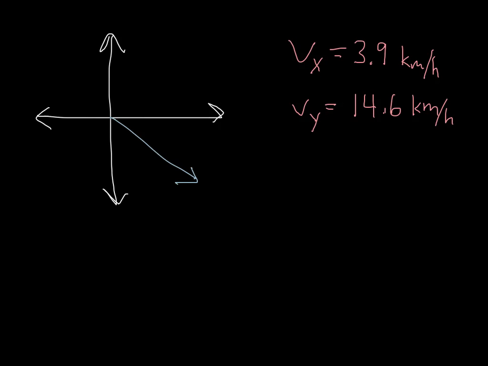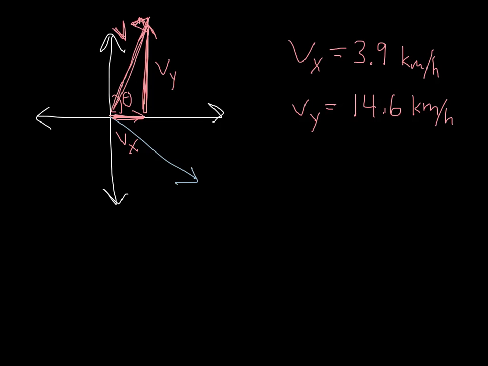So I can draw a vector that represents this. I can go over 3.9-ish, and I can go up 14.6-ish. And that guy right there is where my boat is going. That's my total velocity of my boat. It's the vector addition of Vx and Vy. That's what my picture looks like for this.